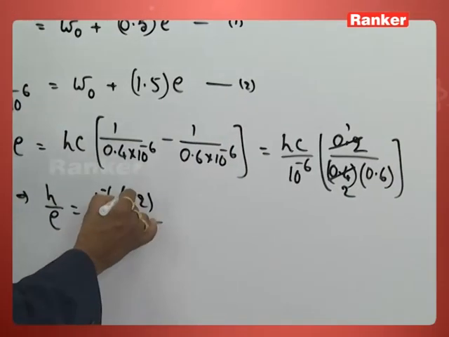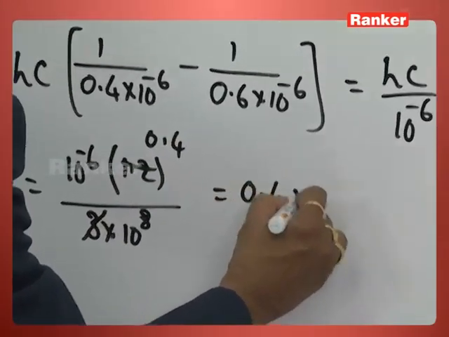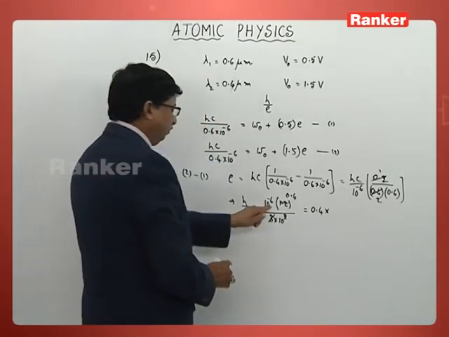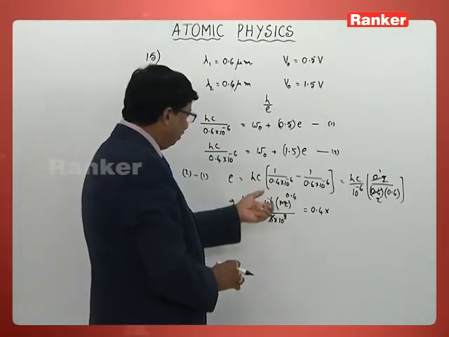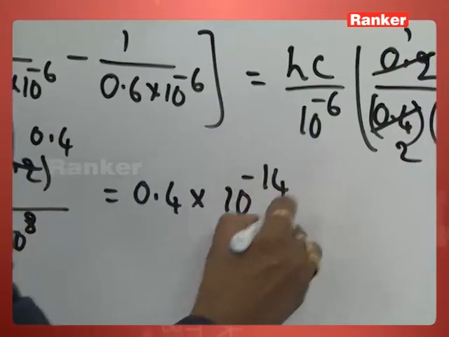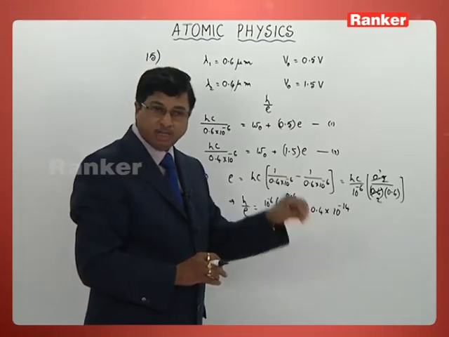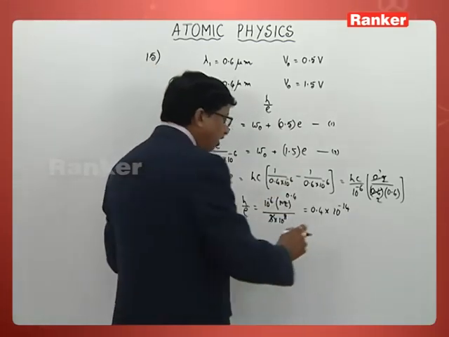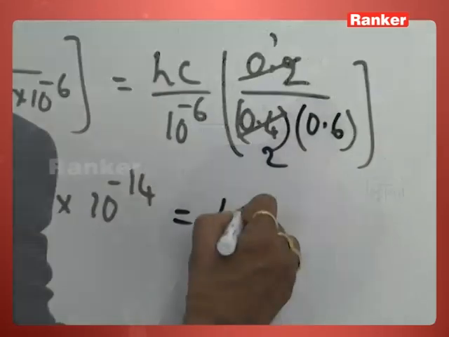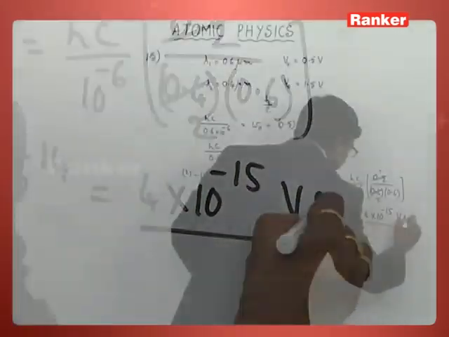Now you can cancel this 1.4 times. So what is left over? 0.4 into 10 to the power, 6 plus 8, that is going to be 14, so 10 to the power minus 14. 0.4 into 10 power minus 14 can be rewritten as 4 into 10 to the power minus 15 volt second.